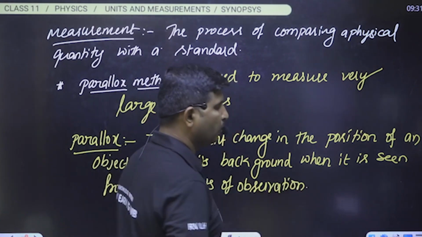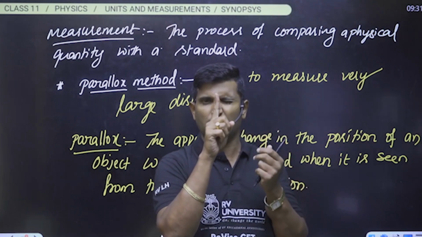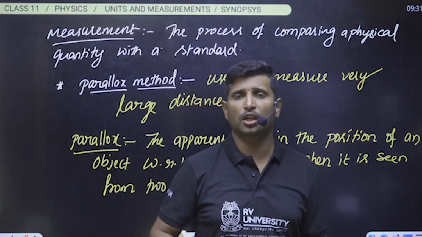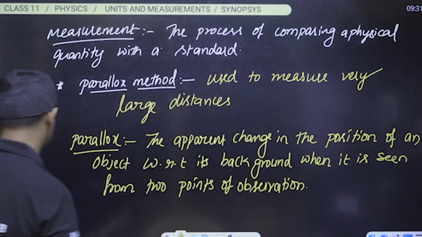So see here, whenever we see this finger with two different eyes, then we can observe that there will be change in the position of this object with respect to its background, and that is called as parallax.